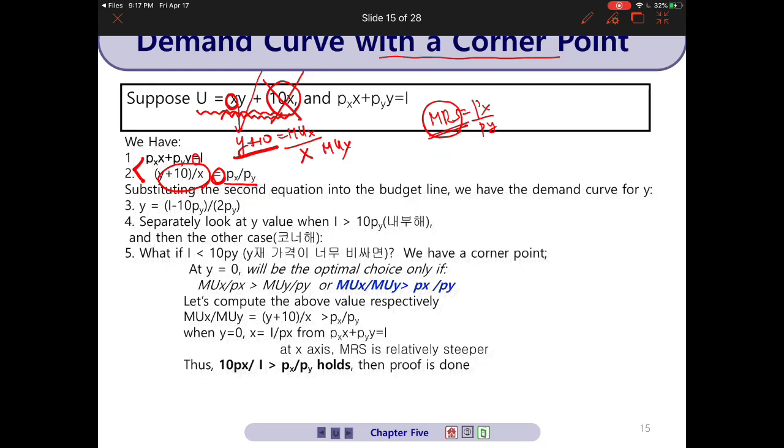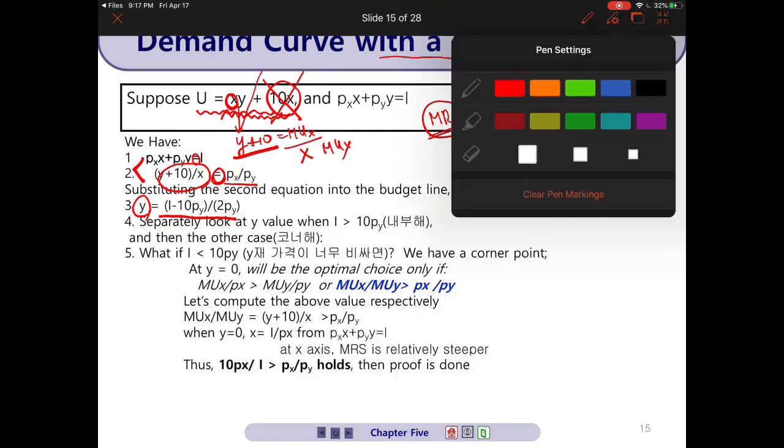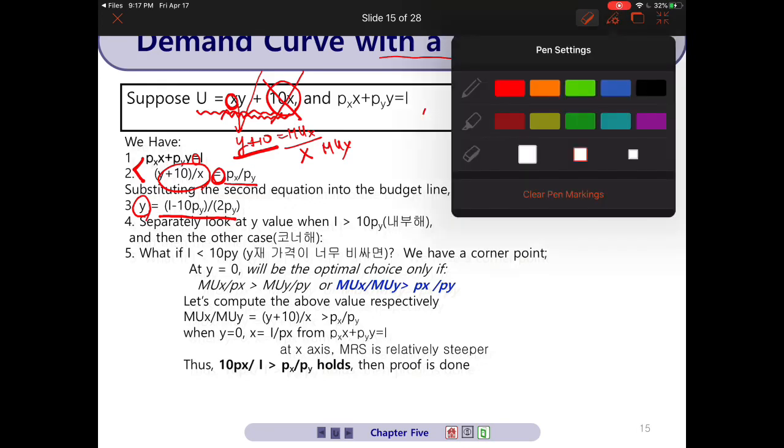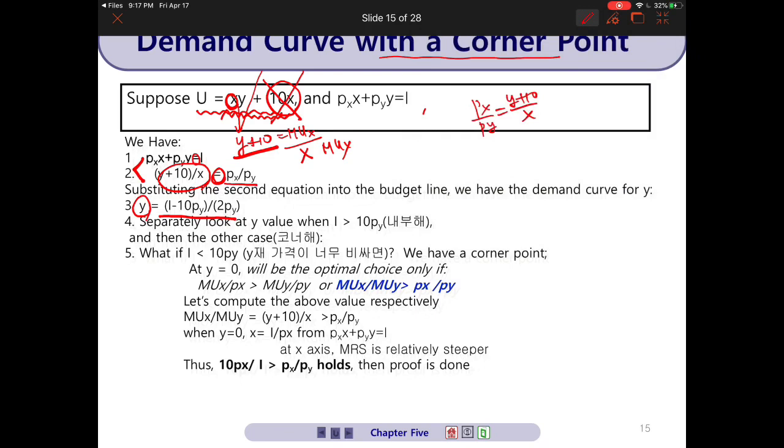First, let's derive Y. How can you do so? From here, we can make px times y. So this is y plus 10 over x equal to this one. What I'm saying is, multiply both sides by x, then this one will disappear, and multiply both sides by py.